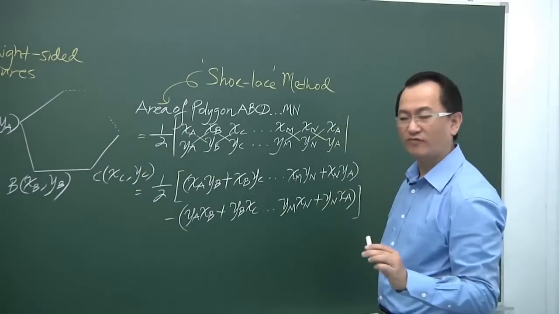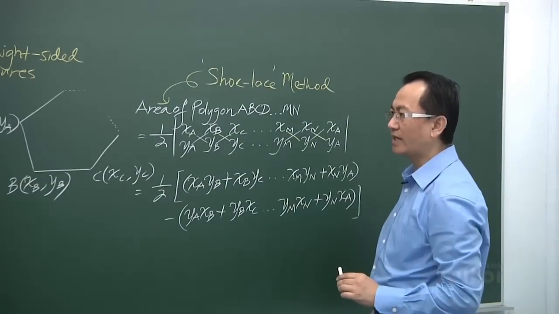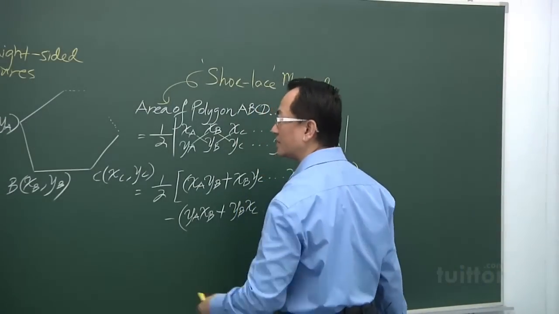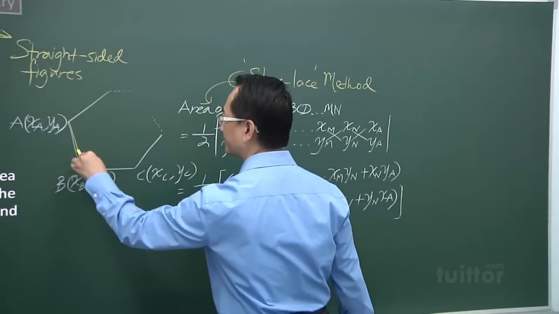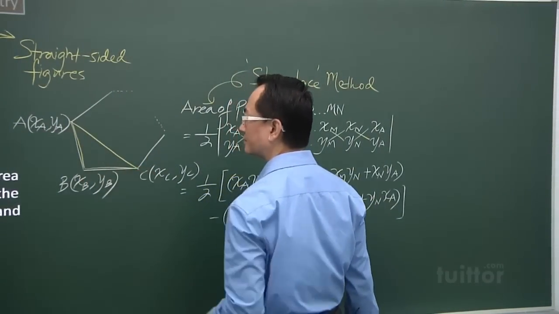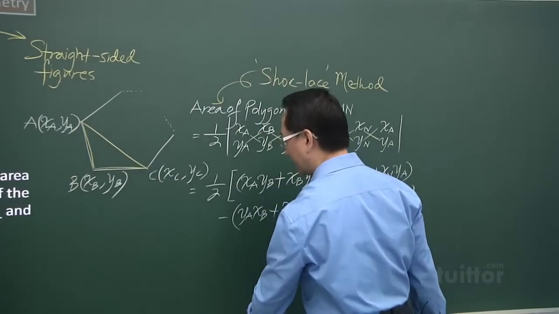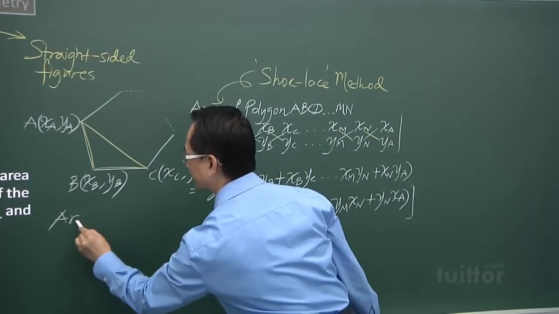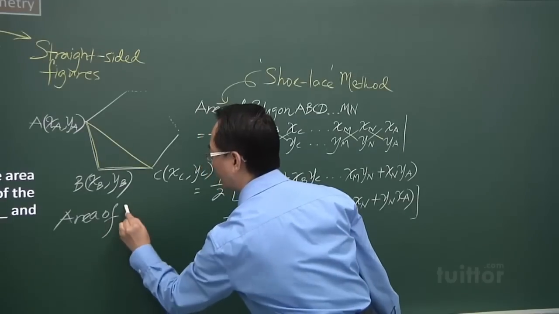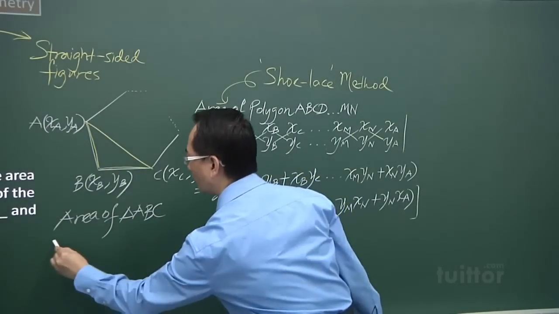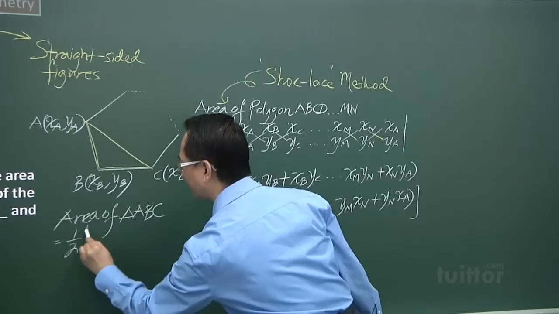Supposing that I just want to focus on the triangle ABC, then it will be just looking at this. Then the area of triangle ABC would be half.